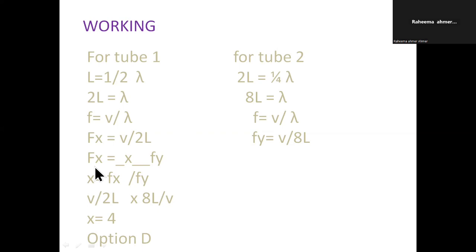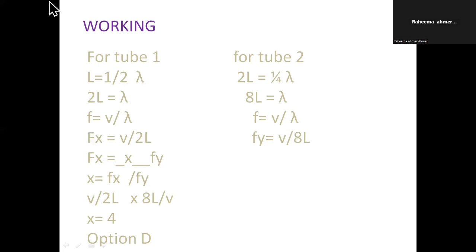Now I have to find the ratio, or the Fx in terms of Fy. So for that, the coefficient would be x. To find x, you would do Fx upon Fy. We have already found the values in terms of V and L for Fx and Fy, so you just simply divide them.